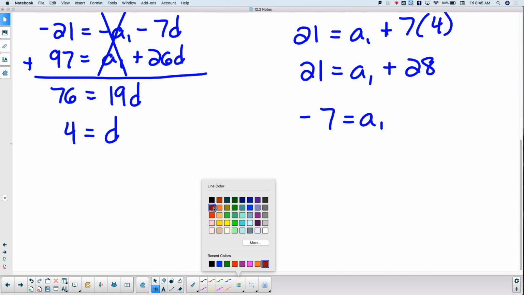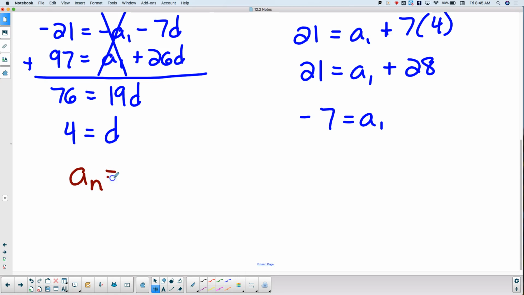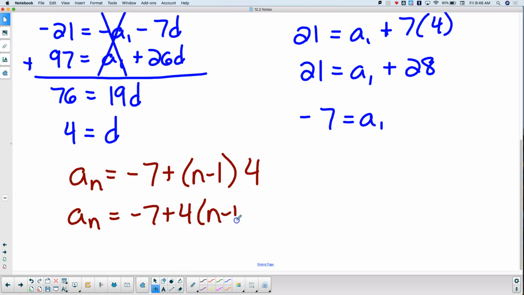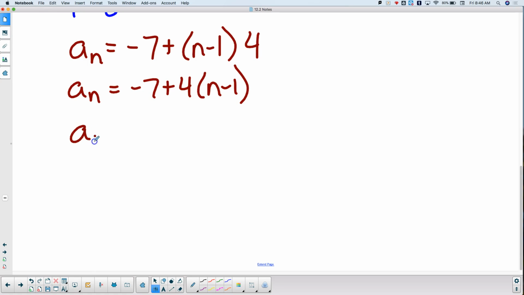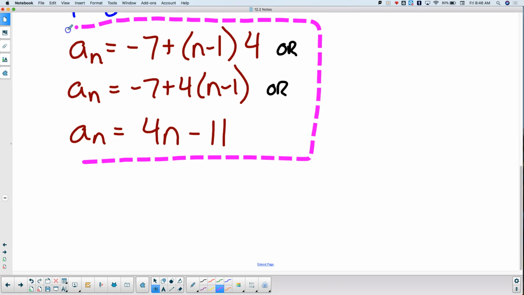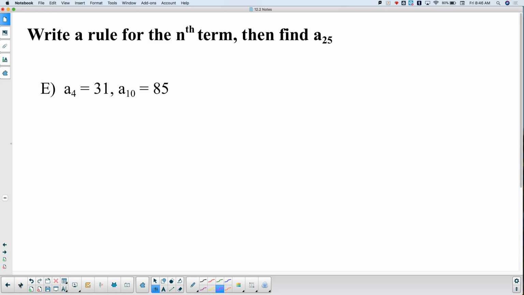So now we can say a sub n is equal to negative 7 plus n minus 1 times 4. And there's my rule. Okay? Try one.